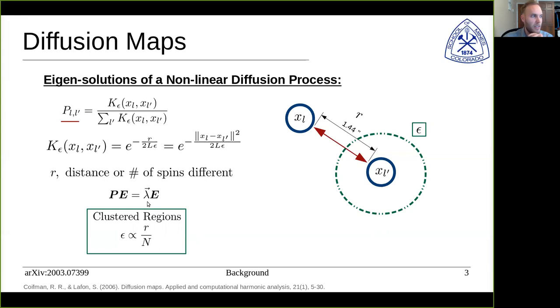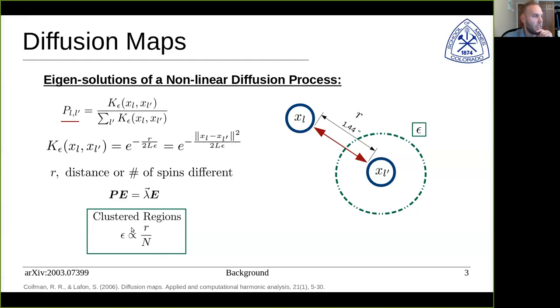These lambda determine your clusters by the number of lambda that are approximately degenerate and equal to 1. You can control which regions are clustered together by controlling epsilon, and this epsilon is generally proportional to the fraction of spins that are different out of the total number of spins that can be different for a qubit system.